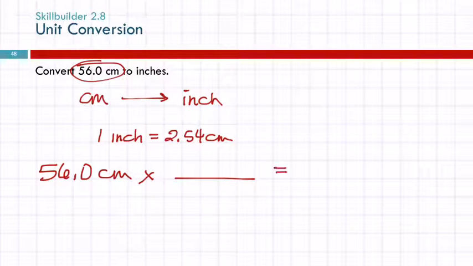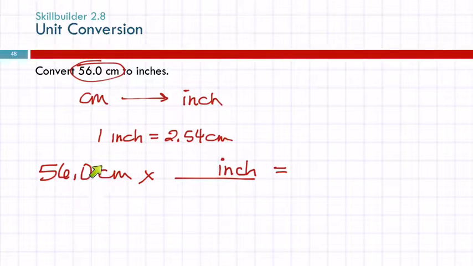And that's going to equal my answer. This path tells me what units go in the numerator. So I start with centimeters, and then inches is in the numerator. So I'm going to write inch up here. That's the path. Centimeters to inches, that's where I want it to be.